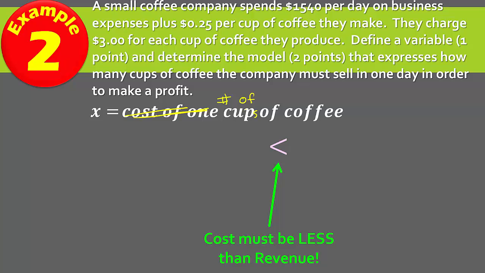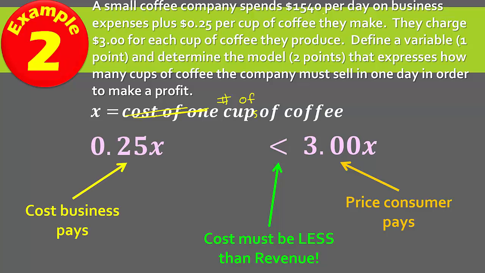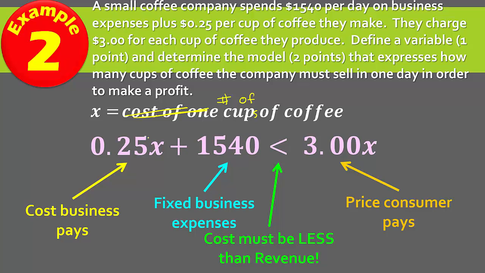Alright, so next, this is what the consumer pays, which is $3 per cup of coffee, and our expenses are 25 cents per cup of coffee, plus the fixed business expenses, which is the $15.40 per day that they spend on business. So we need this to be greater than this.